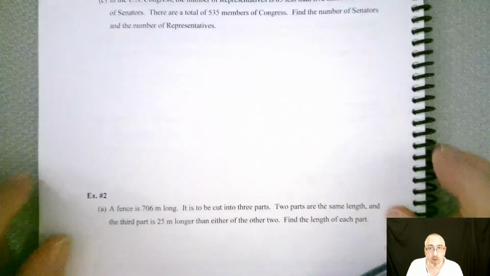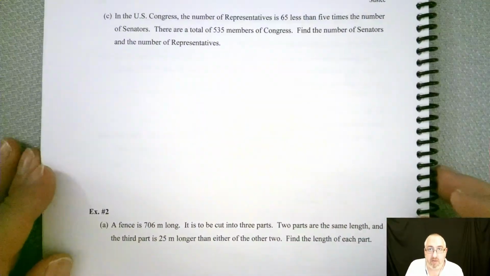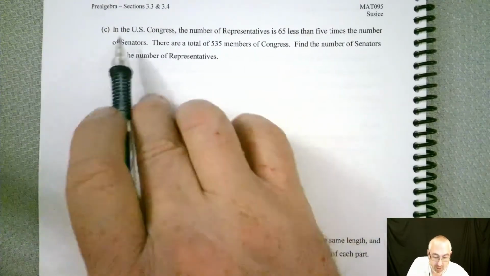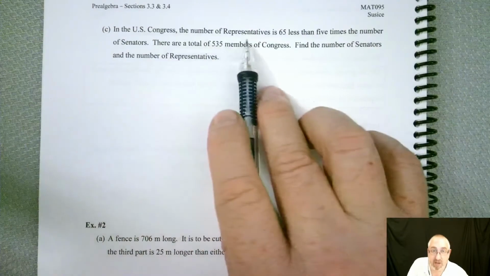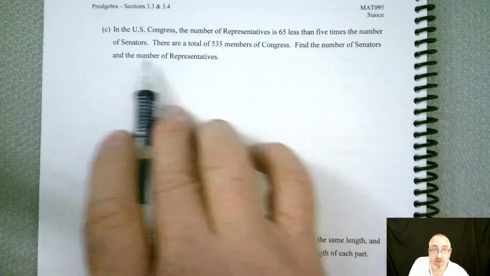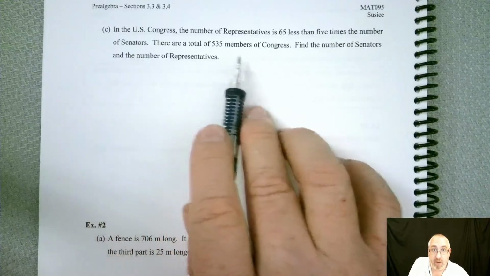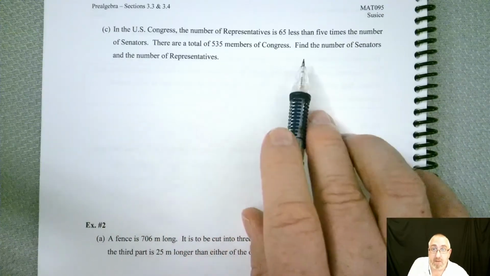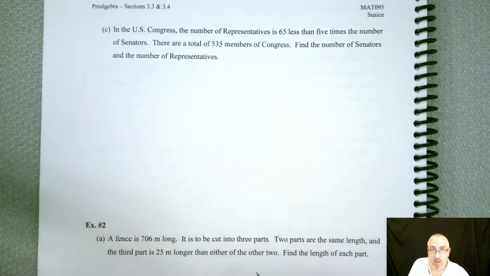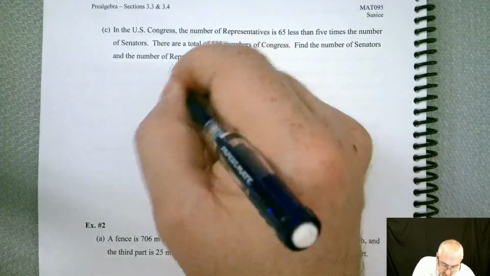Let's try one more, and then we'll break till the next video. So in the U.S. Congress, the number of representatives is 65 less than 5 times the number of senators. There are a total of 535 members of Congress. Find the number of senators and the number of representatives. Okay, so same as before.